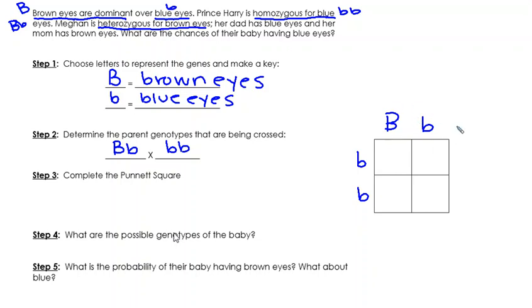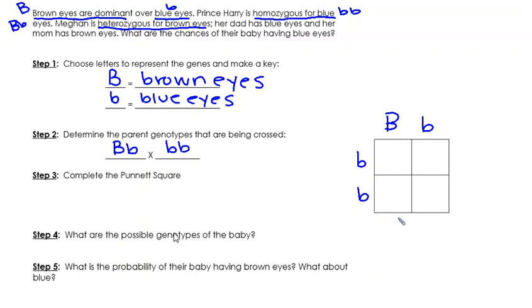So even though Meghan has a big B, little b in her body cells, her sex cells either carry a big B or a little b. So she can't pass both down. She can only pass down half of her chromosomes. Same thing with Prince Harry on the side.